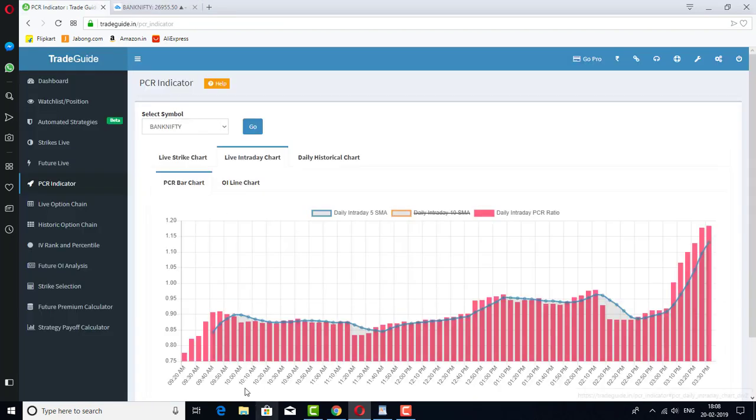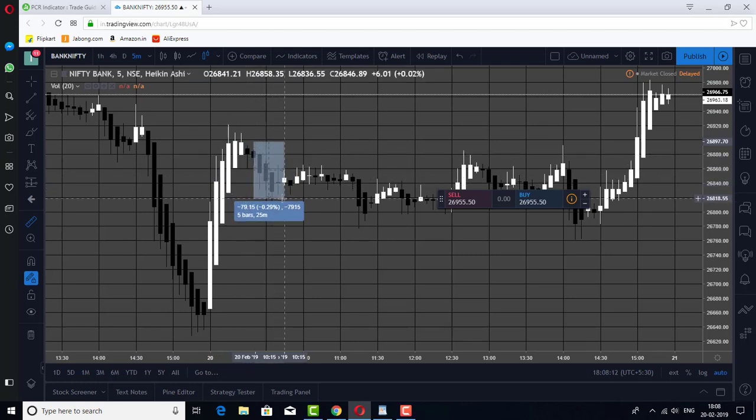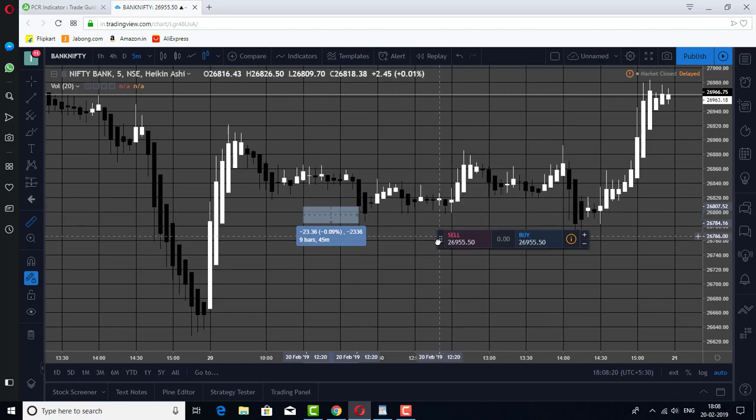After this, you can see that Bank Nifty was in a bearish trend till about 10:20, bearish by about 0.29%. So this is how we use the PCR indicator.